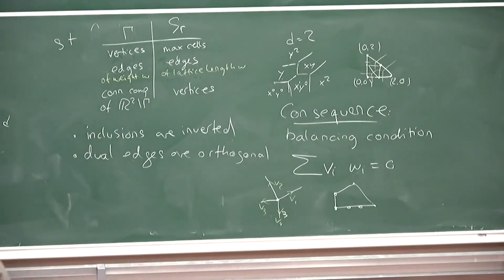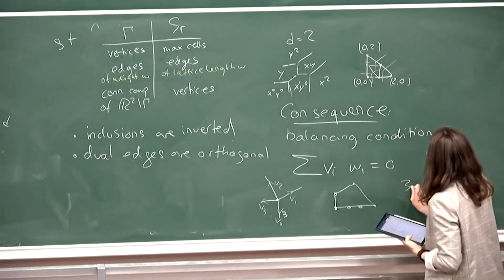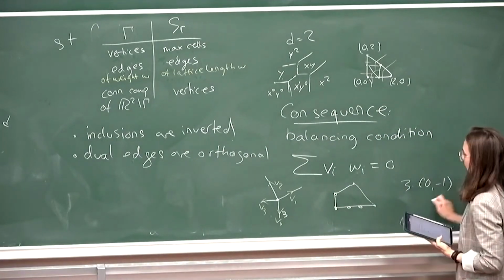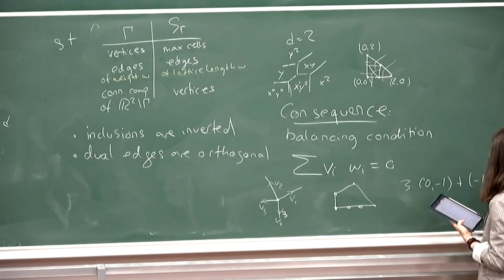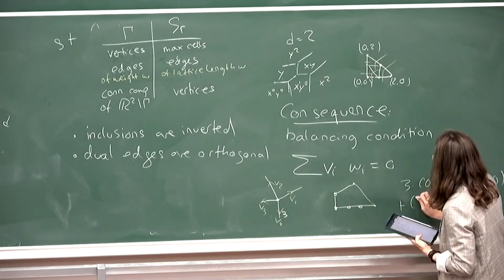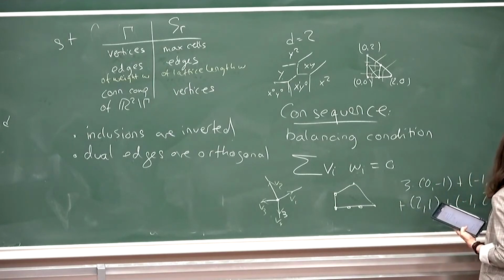So in this case, this would be 3 times (0, -1), going down, plus 1 times (-1, 0), plus 1 times (2, 1), plus (-1, 2)..., and this is (0, 0).